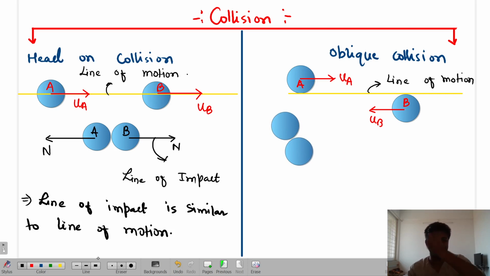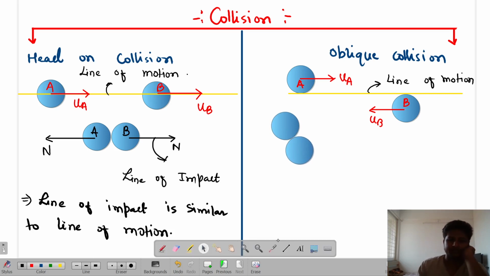What you are going to observe is that for them the line of impact is not in the same direction as the line of motion. So this was my normal, this is my normal, and this is my line of impact.